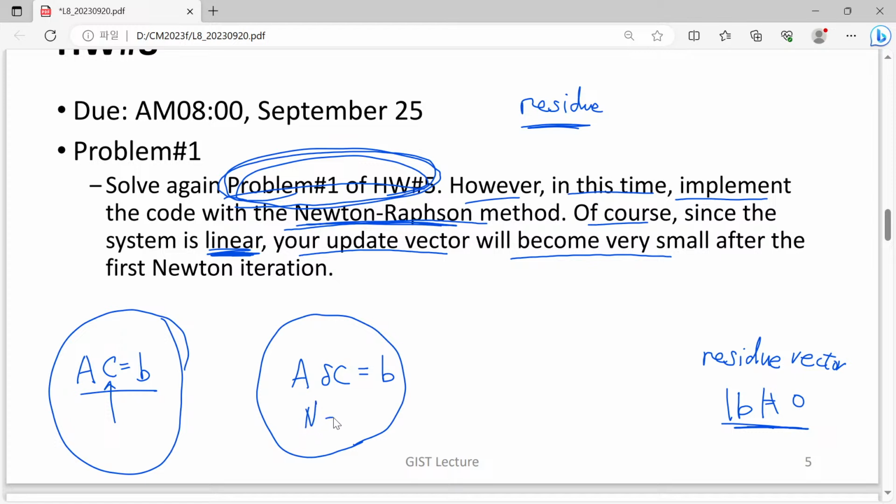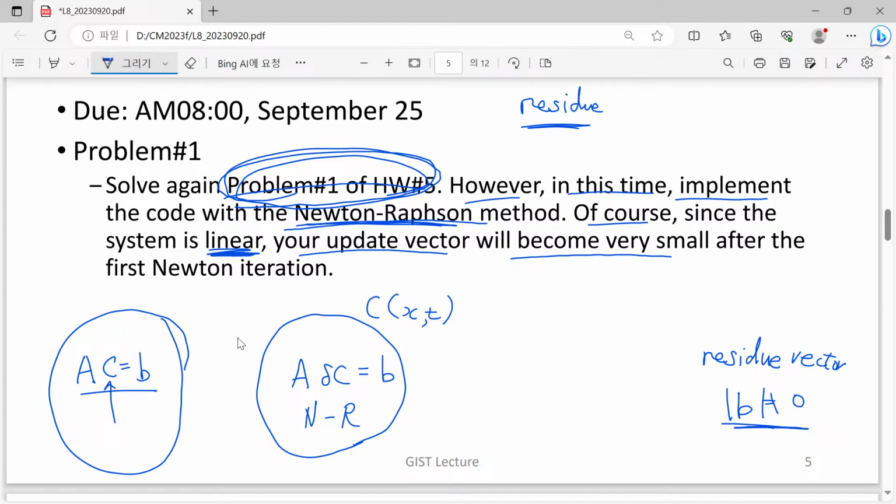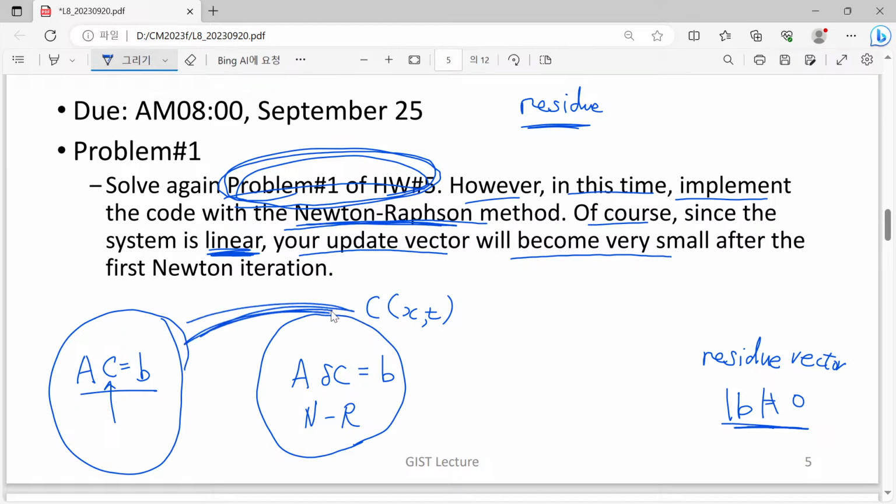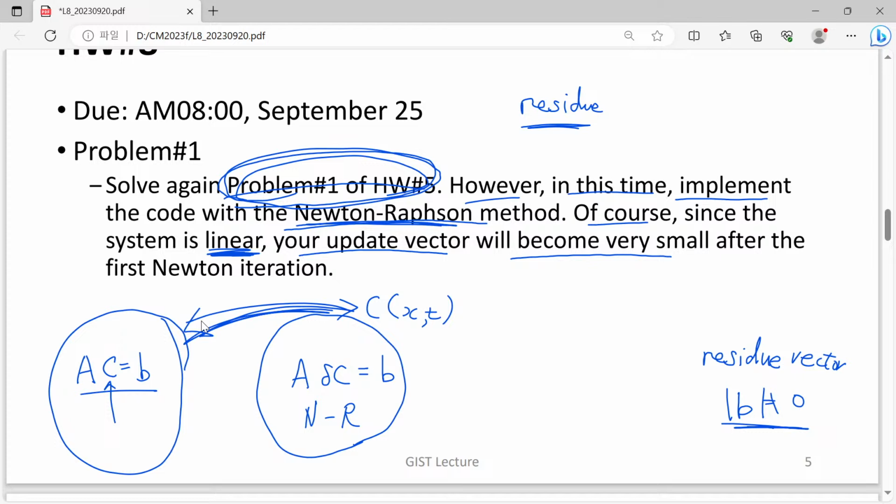This is the Newton-Raphson method, and eventually you will get C as a function of position and time, and you can make the comparison of the concentration calculated by two different methods. What is your expectation? Your expectation is yes, it should be the same. So of course within the numerical error, so we cannot expect perfect agreement up to the last digit, but you must have quite good agreement in a practical sense.